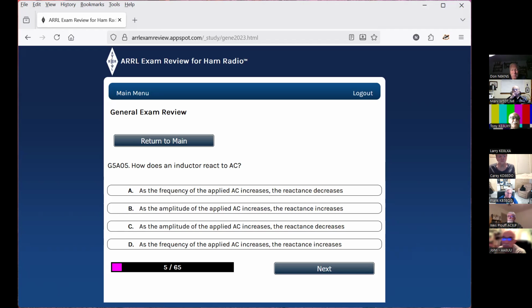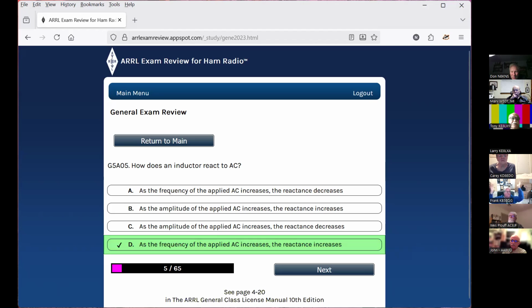It's either A or D. I'm thinking D. I could be wrong. Yep, the answer is indeed D. So as frequency increases, the reactance of an inductor increases. So coils do better at blocking higher frequencies.